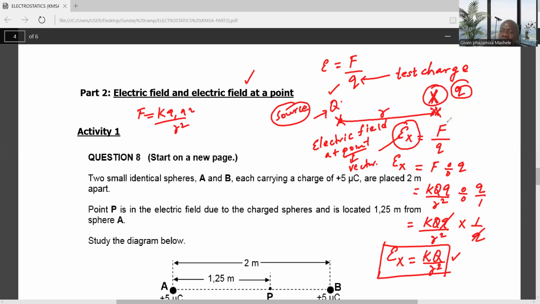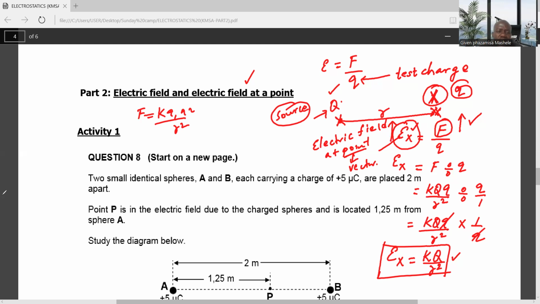It's because force is a vector, which means the direction of the force will always imply the direction of the electric field at a point. So you consider the direction of the force in order to understand the direction of the electric field at a point. It's very important to know this when you are dealing with electric fields.